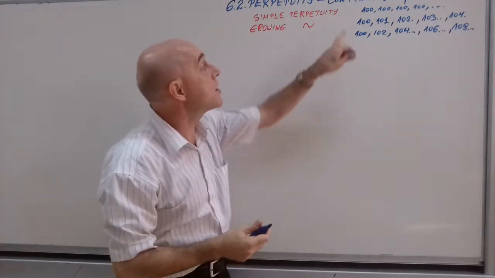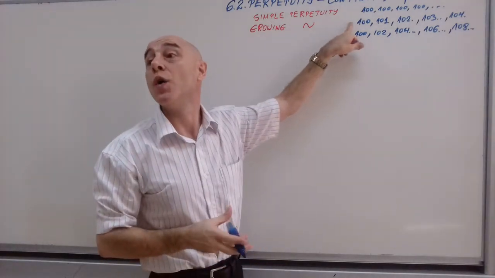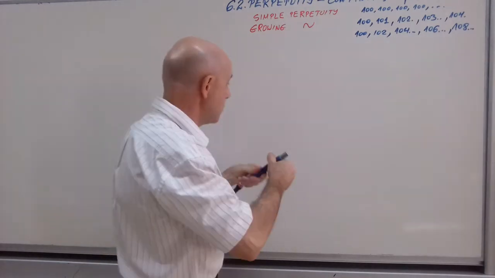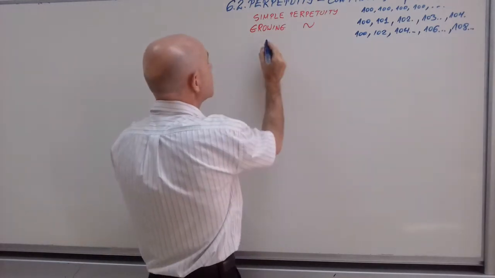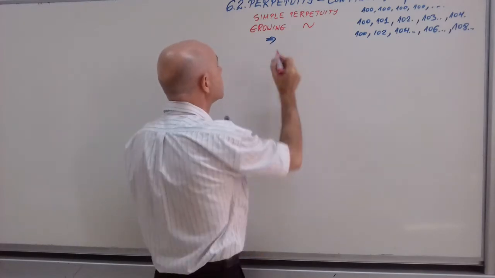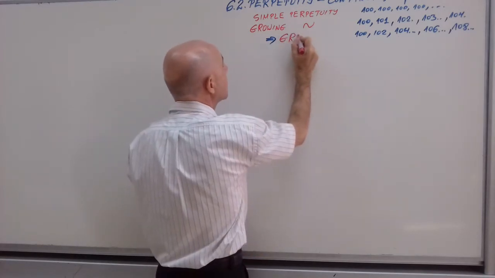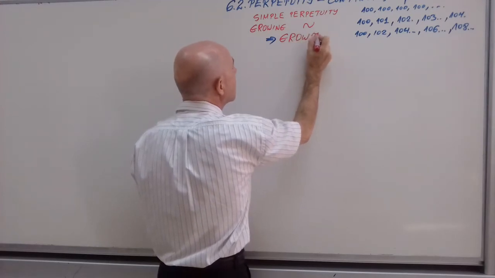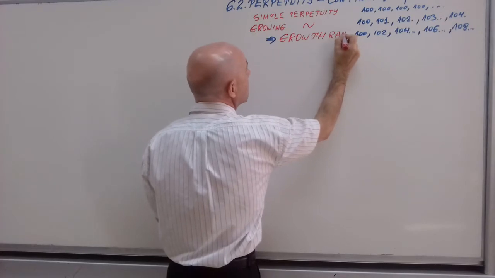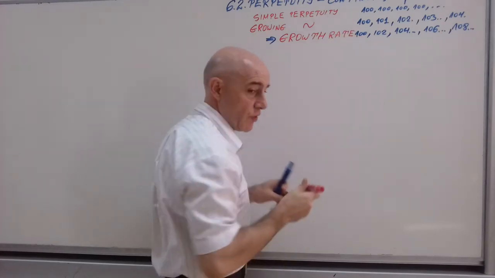So this grows at 1%, this grows at 2%. We call this the growth rate.